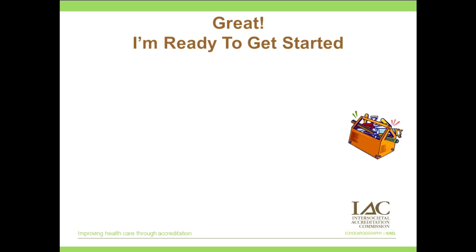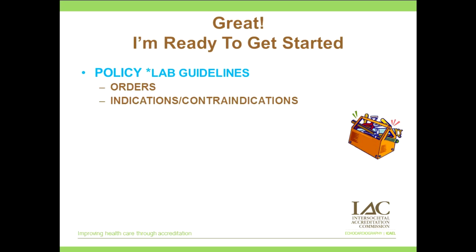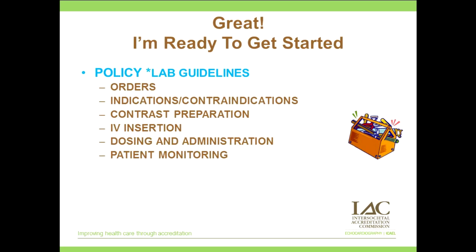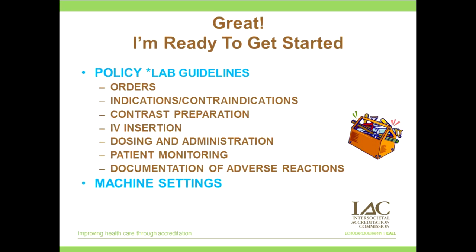Well, that's it. I hope you all are excited and ready to get started using contrast imaging in your lab. I've given you a lot of, I hope, useful information on how to get started, information on the variables that should be addressed in your policy. We've talked about machine settings. What are the settings that are necessary for contrast imaging?